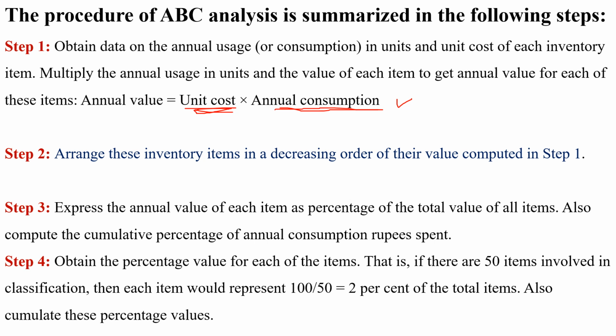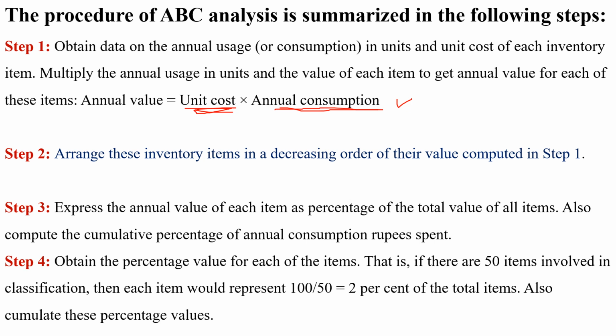In step 3, express the annual value of each item as a percentage of the total value of all items. Also, calculate the cumulative percentage of annual consumption rupees spent. So in the third step, we determine the cumulative percentage of annual consumption for each item.